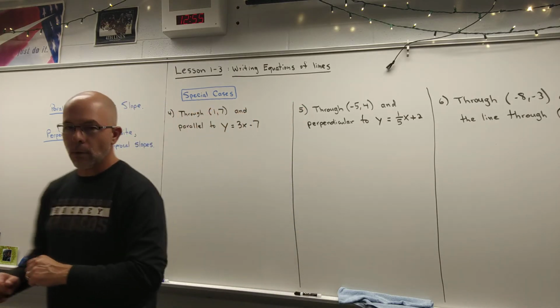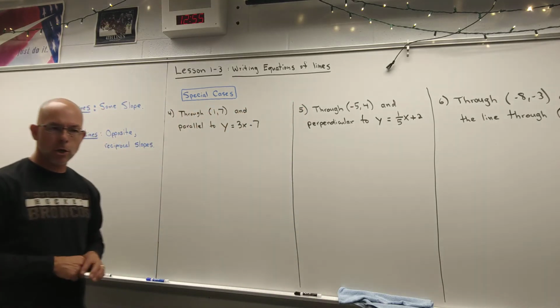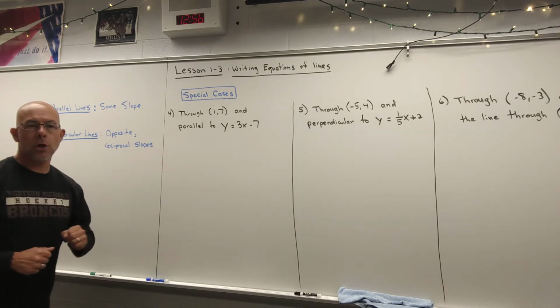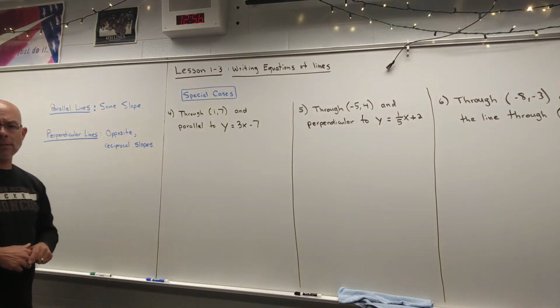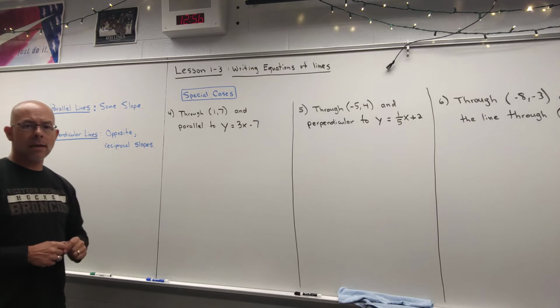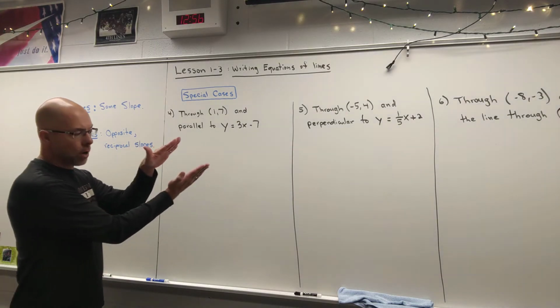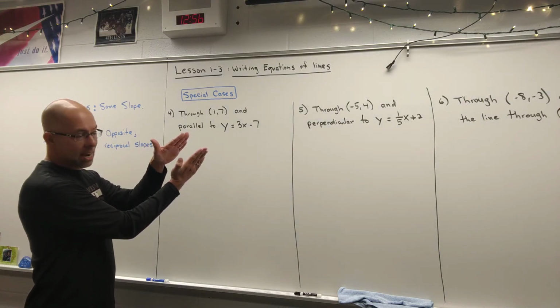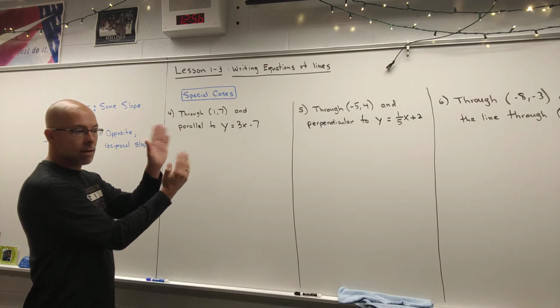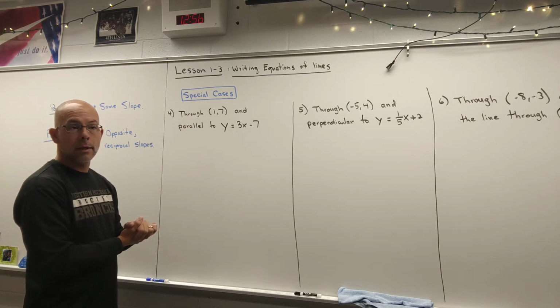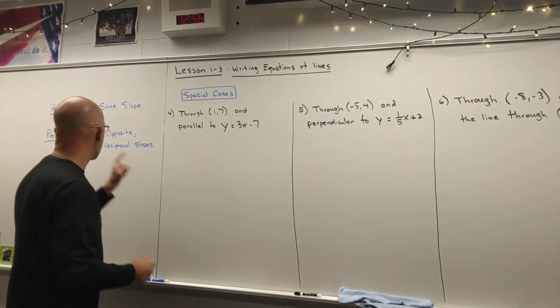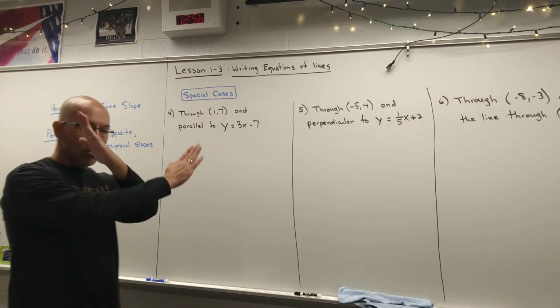That's a little bit irrelevant, not totally, but partially. Here's what I need you to know. If 2 lines are parallel, they have the exact same slope. Think about that. If they're traveling in the exact same direction and never cross, they must have the same rise and run. Now, perpendicular lines cross each other.